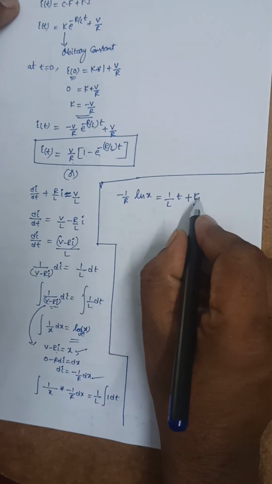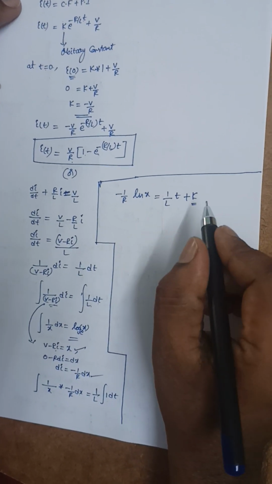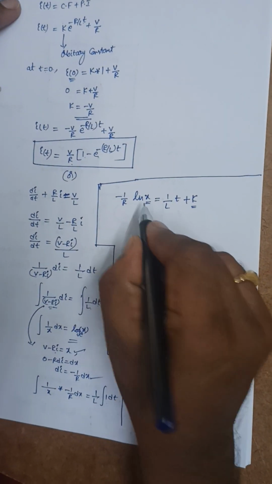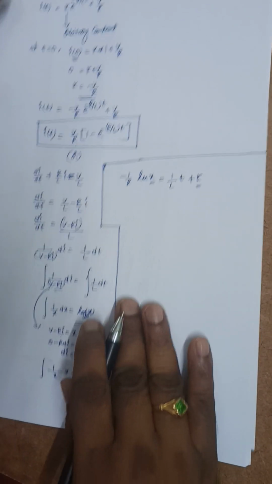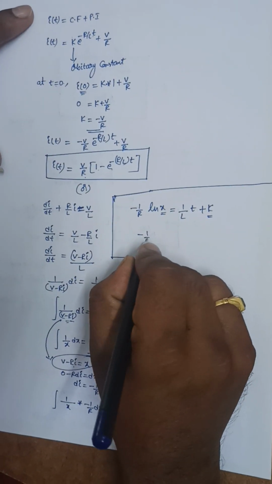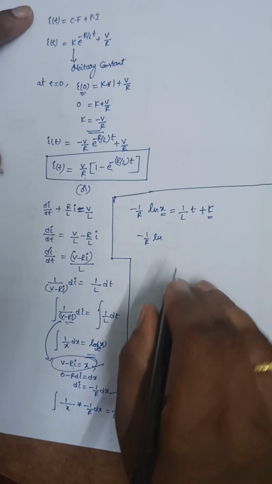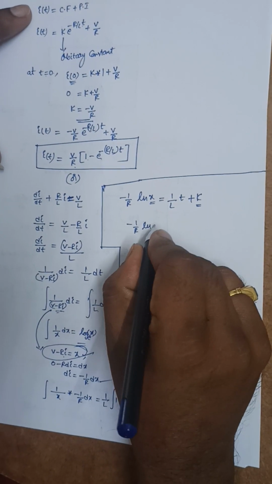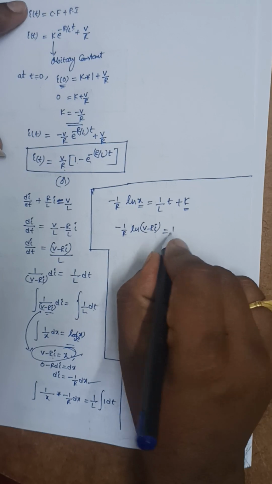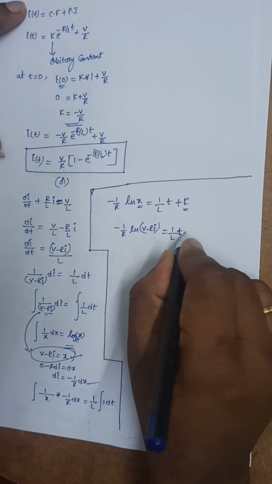Now if I want to find this k, I need to use the initial conditions. Before that, substitute the value of x here. What is the value of x? So minus 1 by R ln, that means log base e, of V minus R i is equal to 1 by L into t plus k.